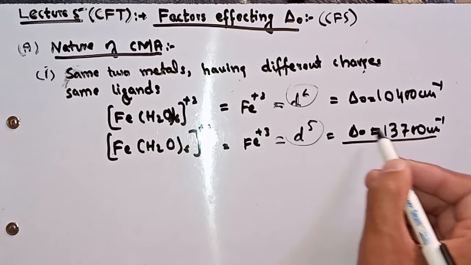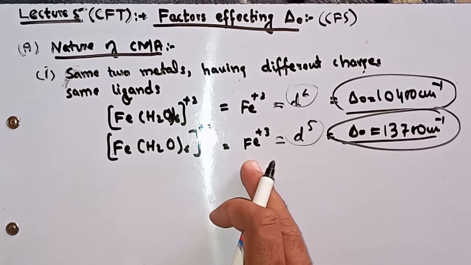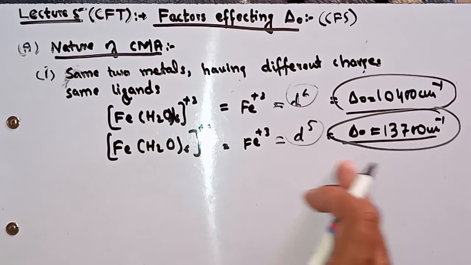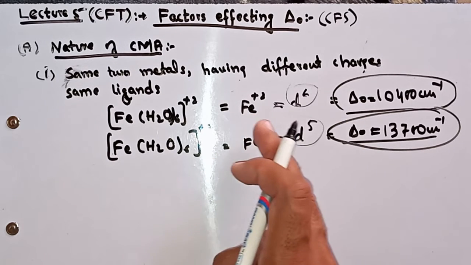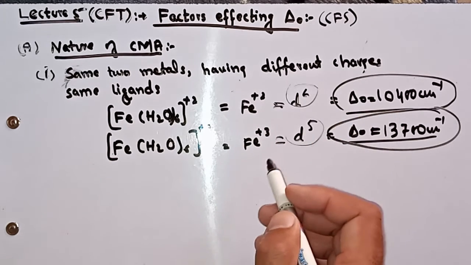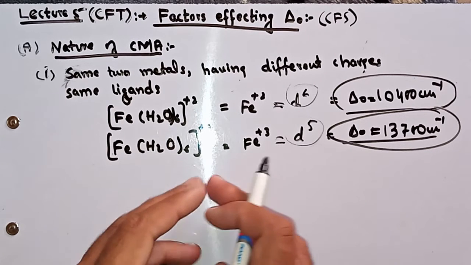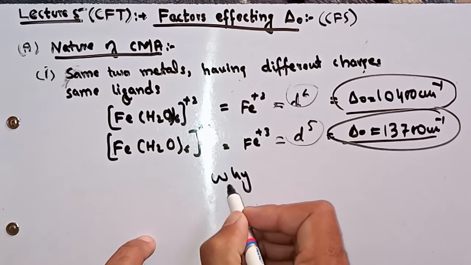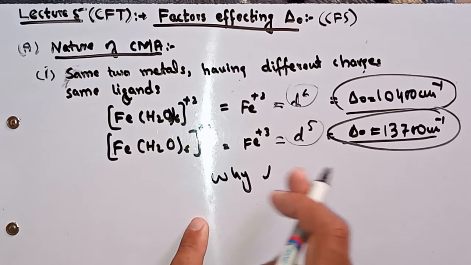So we see that the higher the oxidation state, plus 3 on iron, the higher the value, 13,700, and for plus 2 it is 10,400 centimeter inverse. It means that the higher the oxidation state, the higher the crystal field splitting. So the question is: why does crystal field splitting directly depend upon oxidation state?